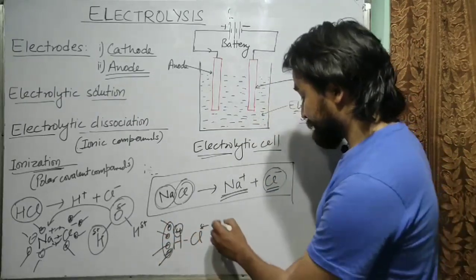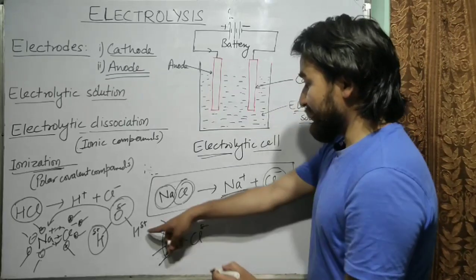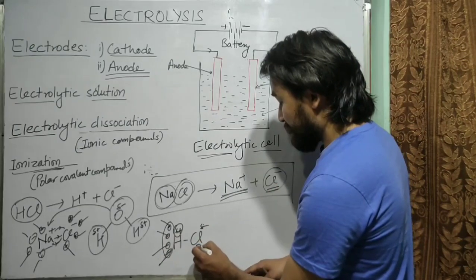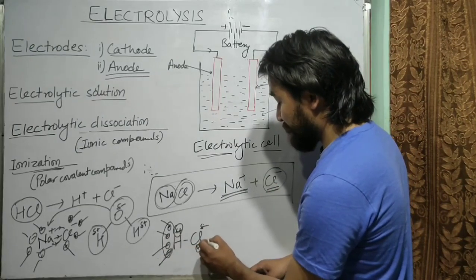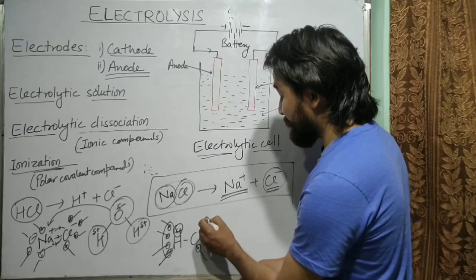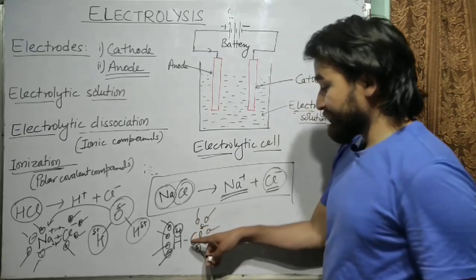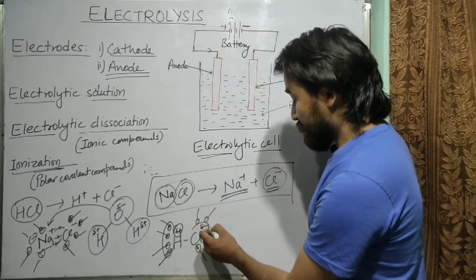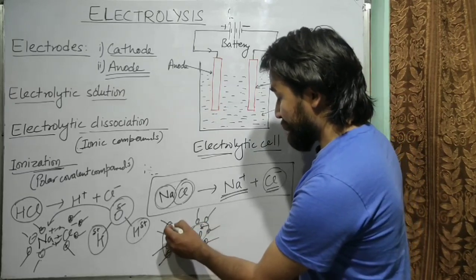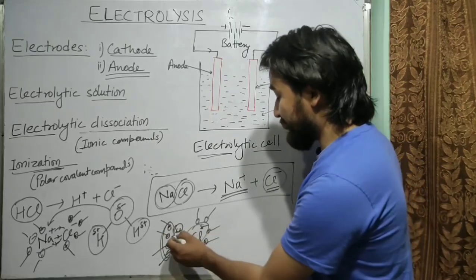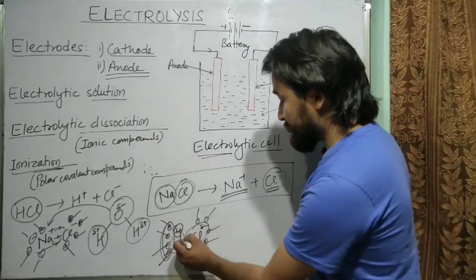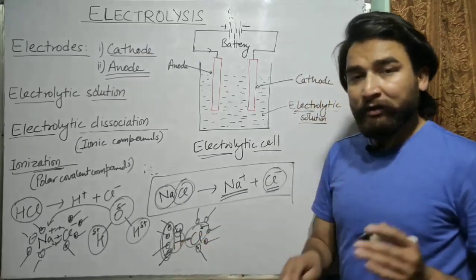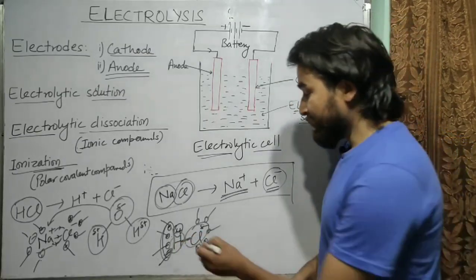Similarly, the partially positive part, meaning the hydrogen part, will come towards the chlorine. This partially positive charge will attract the chlorine, and the partially negative parts will attract the hydrogen. So due to this, the bond between the hydrogen and chlorine will break at a time.